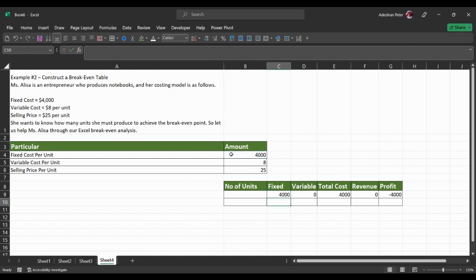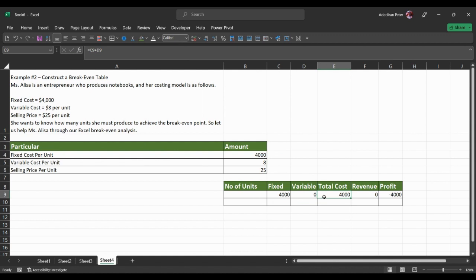You make it absolute. While the variable cost is the number of units multiplied by variable cost per unit, make it absolute.